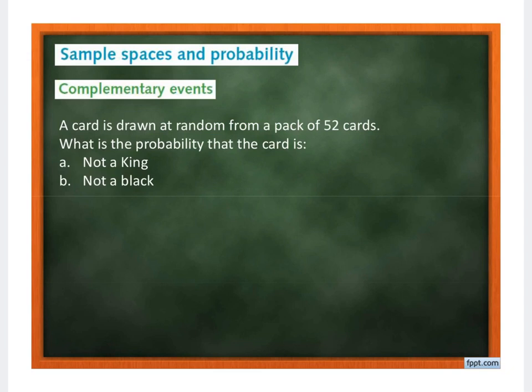So the probability of not a king is 52 minus 4 over the sample space 52, so 48 over 52, equal to 12 over 13.